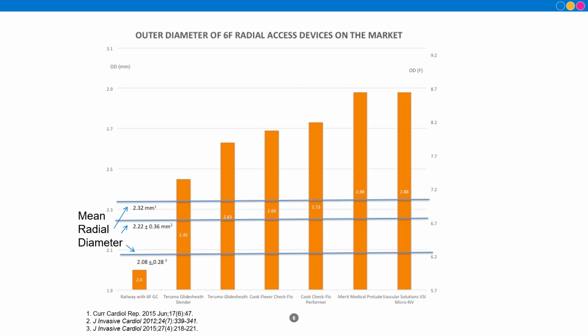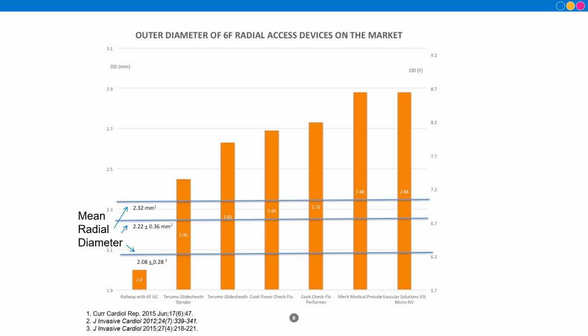So if you see here, depending on which paper you are looking at, at least 50% of the patient population have their radial artery smaller than the outer diameter of a 6 French thin wall sheath. More than 70% of the population has a radial artery larger than a 6 French guide catheter.